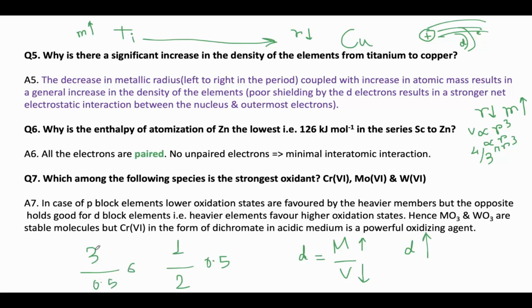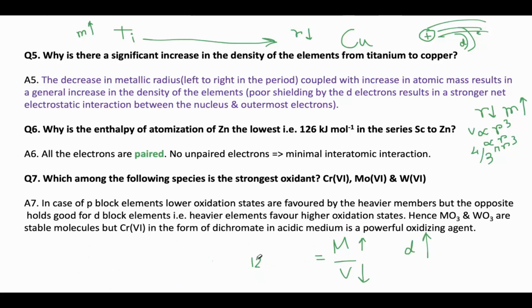So if we increase the mass and decrease the volume, it is 6. So 0.5 to 6, there is an increase by 12 times. Such an increment is responsible for the increased density from titanium to copper.